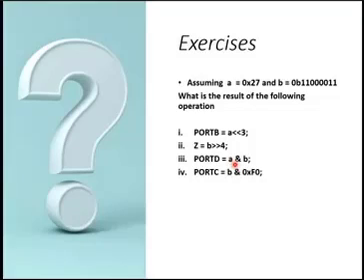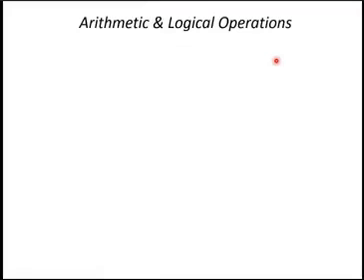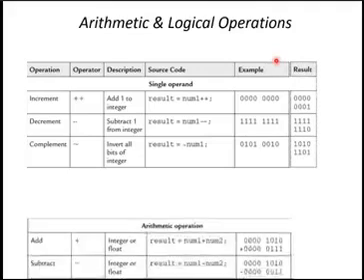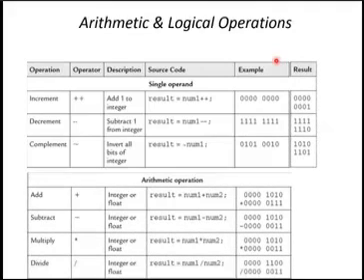As you can see here, bitwise AND, and later on you will see double AND. The character is similar, but the function, the process, is different. Later on you will see double AND, double OR, and so on.